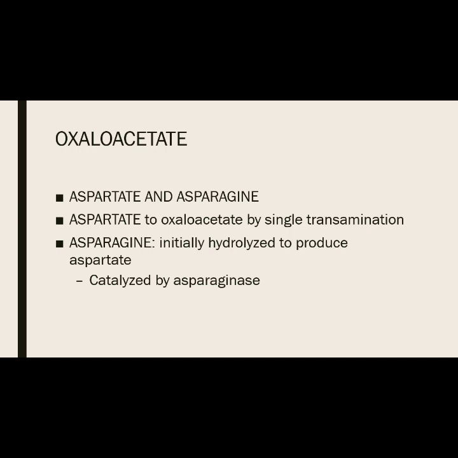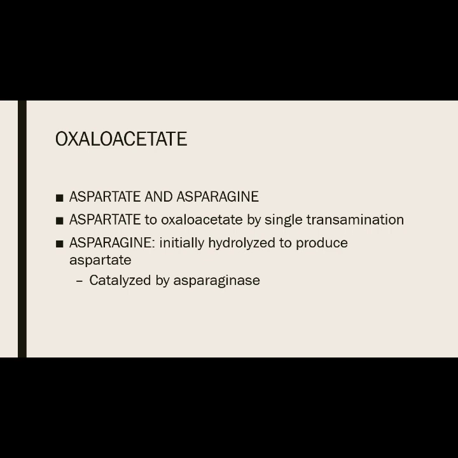The hydrolysis of your asparagine to produce aspartate is catalyzed by your enzyme asparaginase. And not only aspartate, but your ammonium ions also. And so the enzyme that is responsible for the hydrolysis of asparagine to produce aspartate and ammonium ions is your asparaginase.